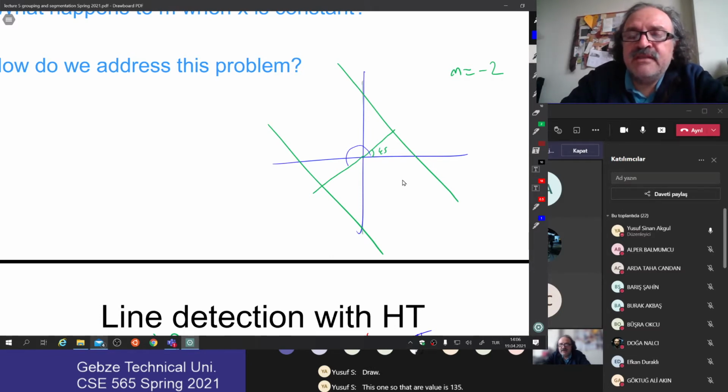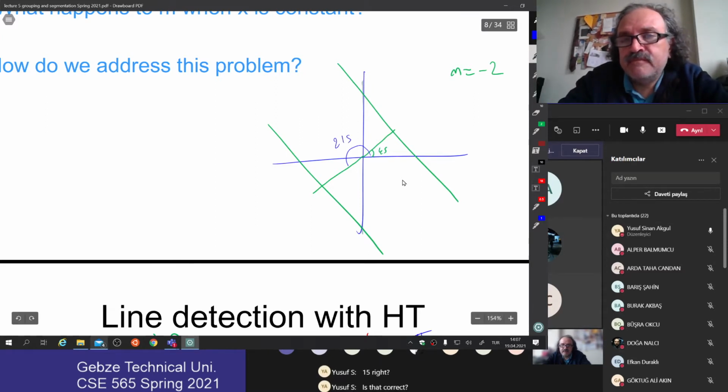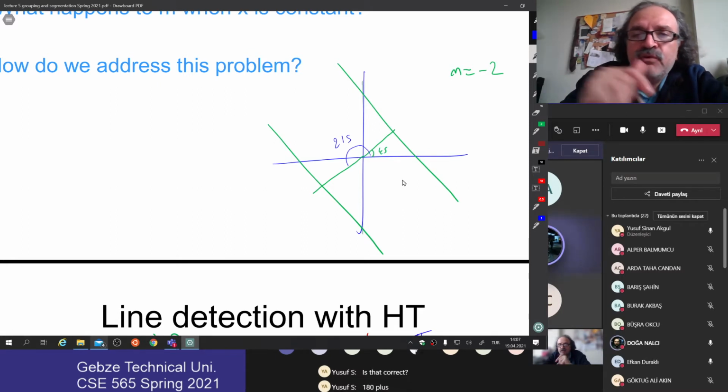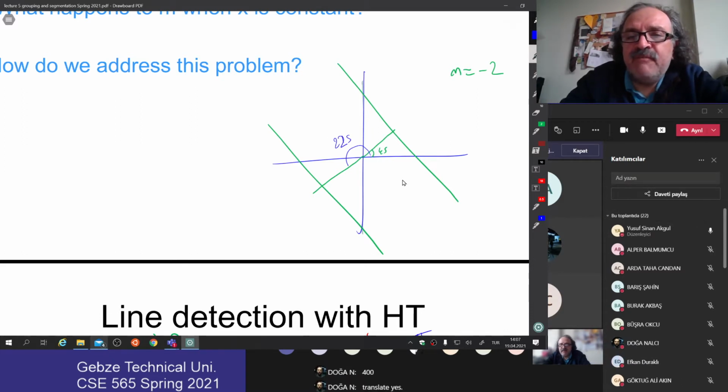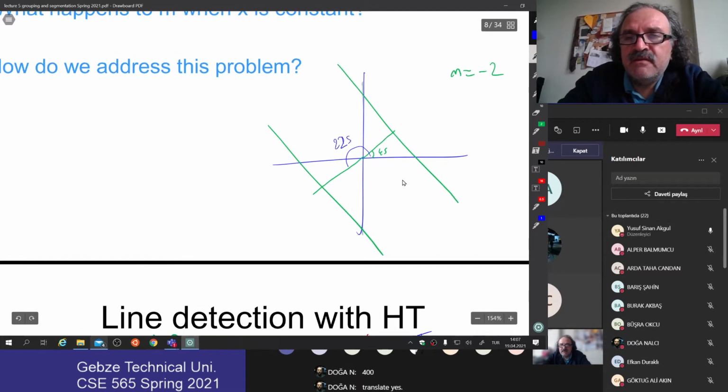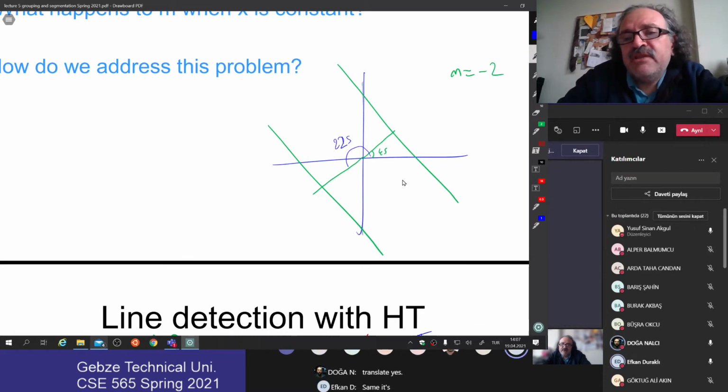No, it is 200 and 15, right? Is that correct? 180 plus 45, 225, yes. So what is the m value for this one? It's the same. Actually, the 45 degree theta and 225 degree theta is the same thing.